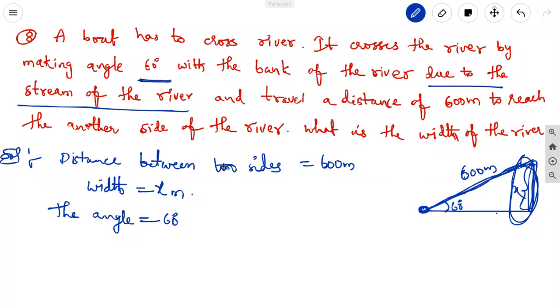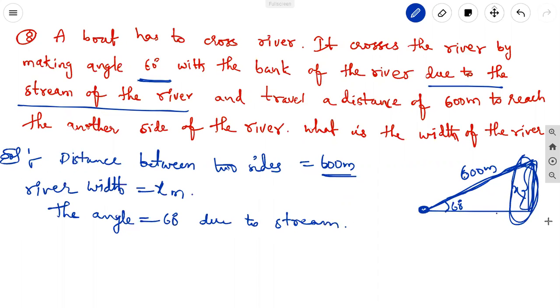So here the distance between the two sides is 600 meters. That is nothing but the river from one side to the other, the distance is 600 meters. And we can take the river width as x meters. The angle of 60 degrees is made due to the stream.